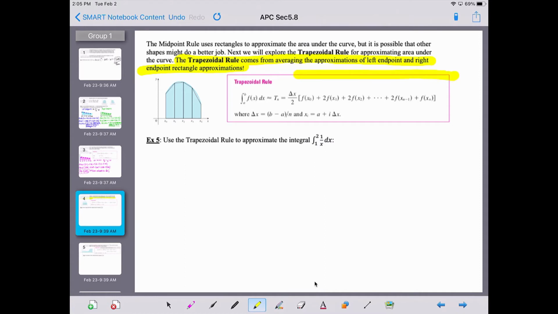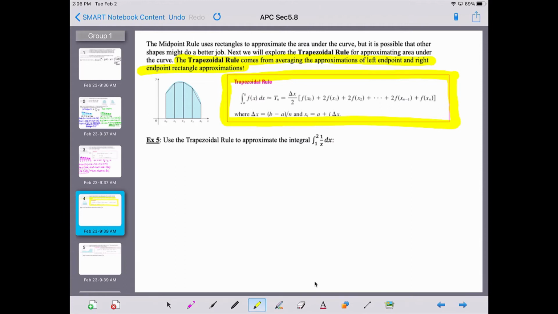So here's our trapezoidal rule, that our integral can be approximated by taking our delta x divided by 2, and then it's f of x sub 0, x sub 0 being the lower limit of our integral, plus 2 times f of x1, 2 times f of x2. Again, these are the locations of our x values along our x-axis, however many we have based on our delta x, right?